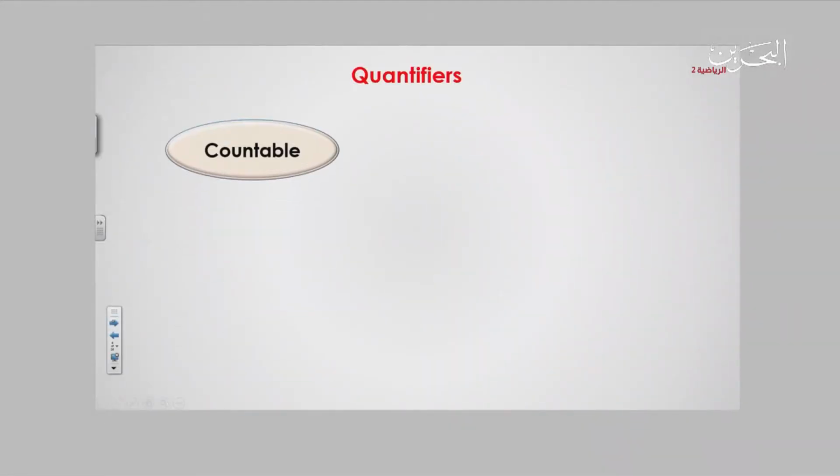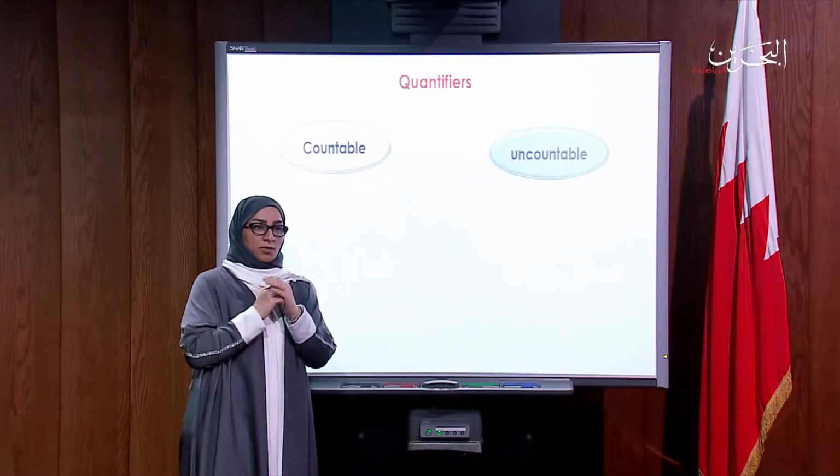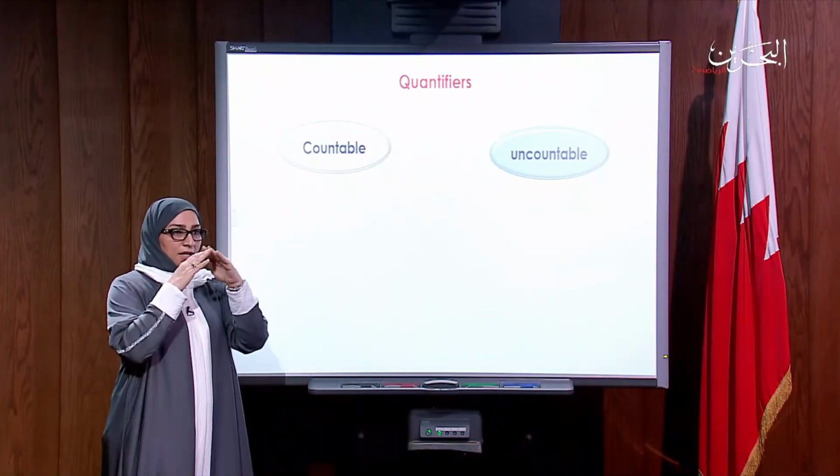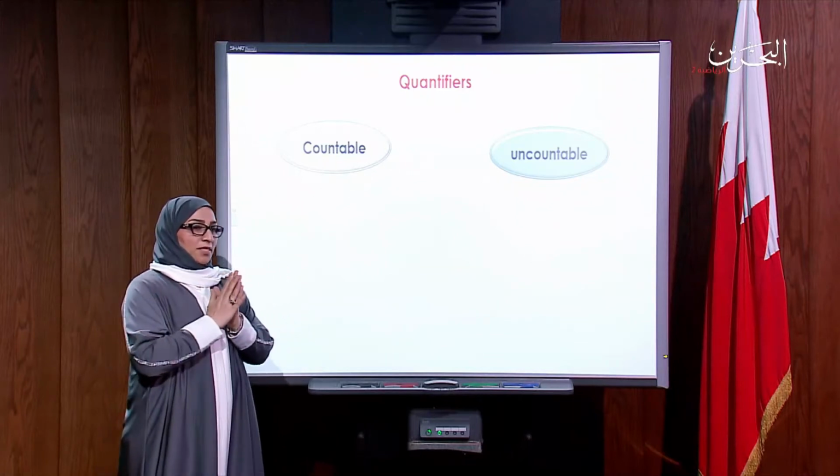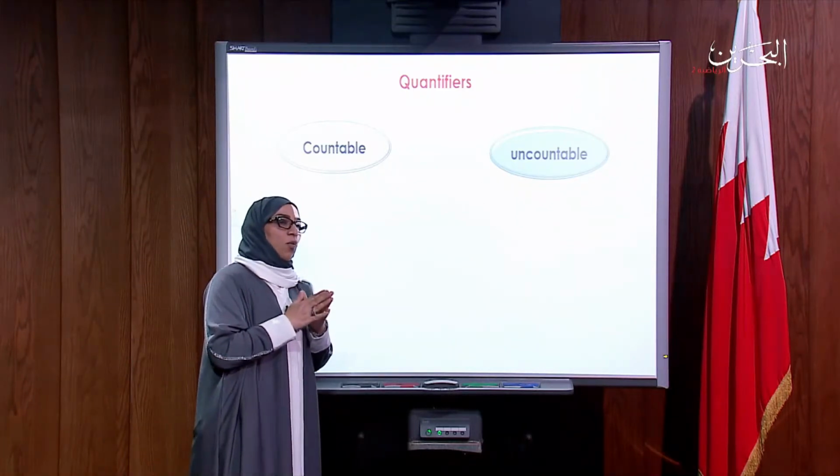Quantifier is related to when you want to talk about the quantity of a noun, countable food, or uncountable food, or any noun in general. Quantifier comes from the word quantity, meaning the number, how much or how many.